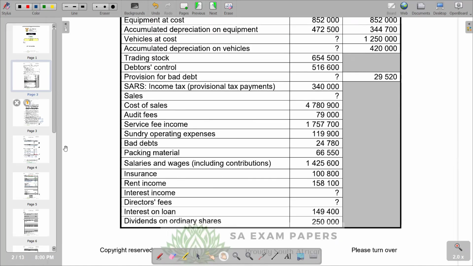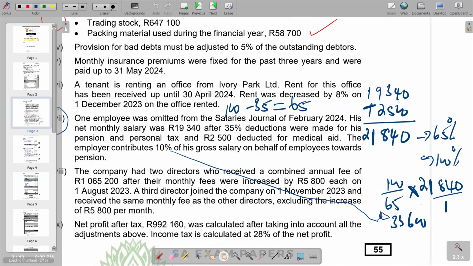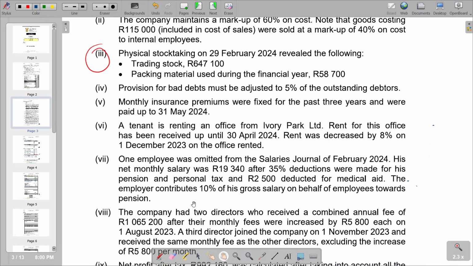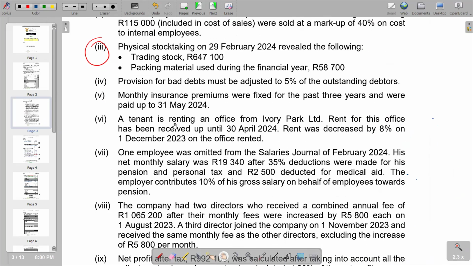Then we check what explanation we have in terms of insurance. So if we check down on the monthly insurance, we go to item 5, which is explaining about insurance. Monthly insurance premiums were fixed for the past 3 years and were paid up to 31 May 2024.